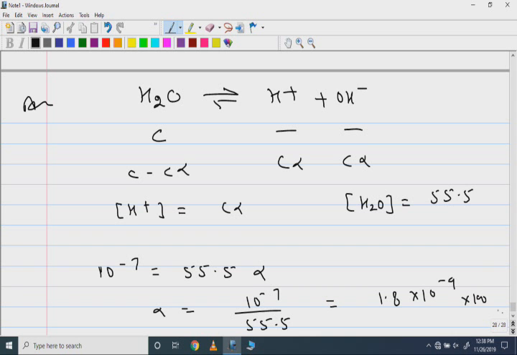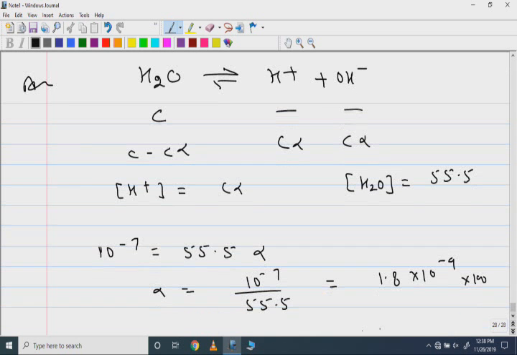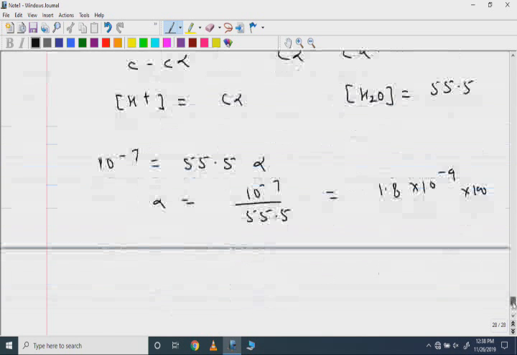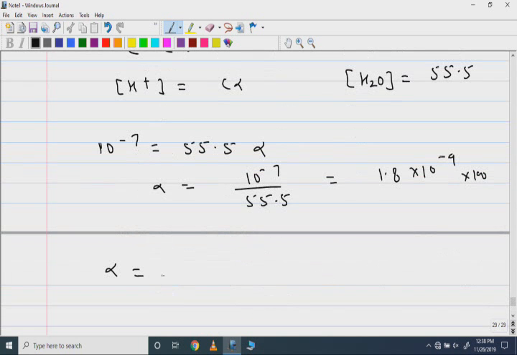Just multiply it with 100 to convert this into percentage. So alpha will be 1.8 into 10 to the power minus 7 percent. Clear? Copy this one, guys.